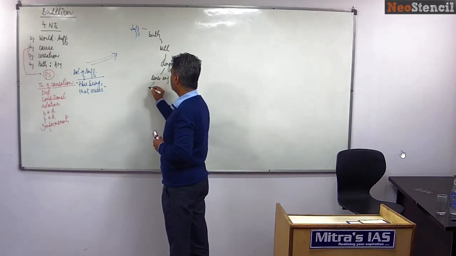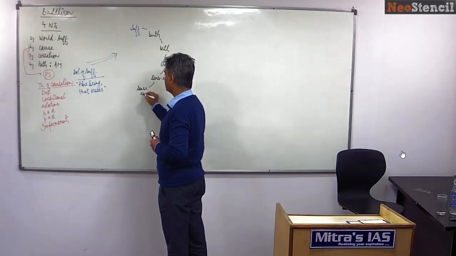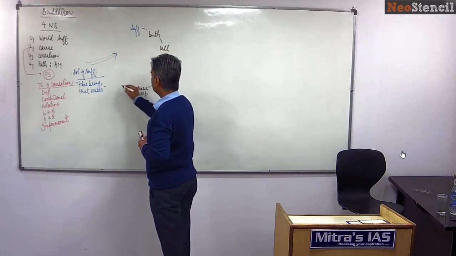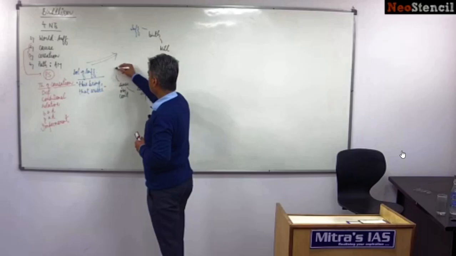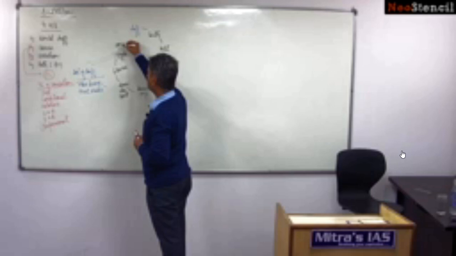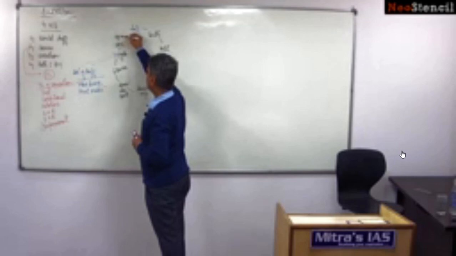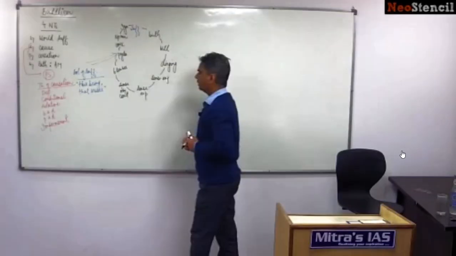Then sense experience, sense object contact. Then six sense organs. Then psychophysical being. Then consciousness. Then karmic impressions. And then ignorance. This is how we have 12 dependent links.